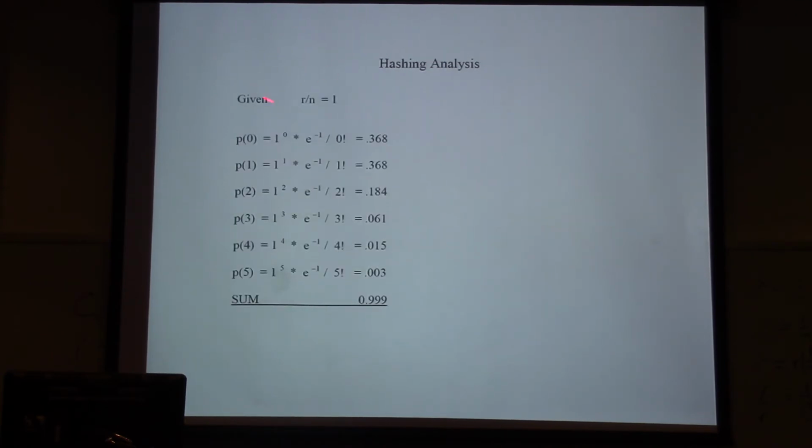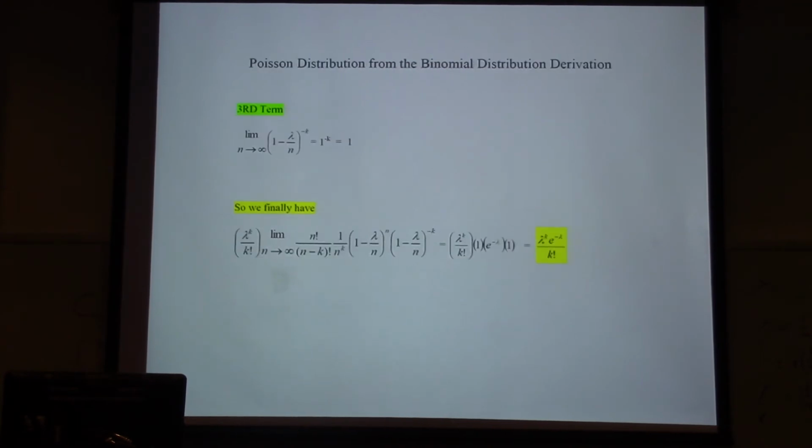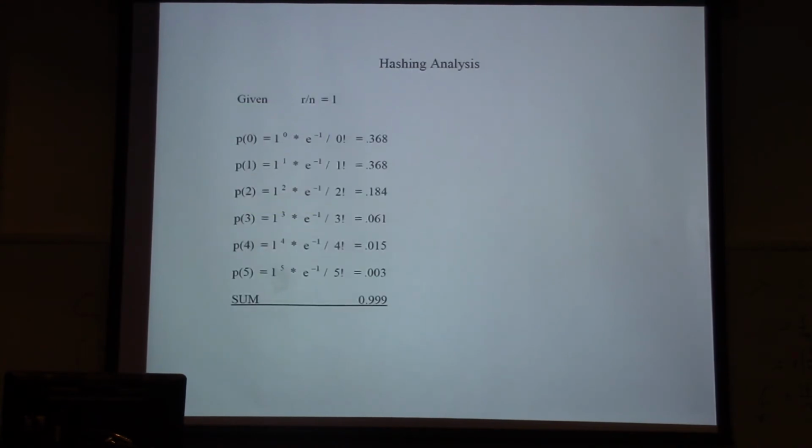So when r over n is equal to 1, my Poisson distribution is, so this is the value where k or x is equal to 0. So therefore this is going to be lambda. Why is lambda 1? Because lambda is r over n. So since on this page we have r over n is 1, that means r and n are the same. Packing density is 100%.